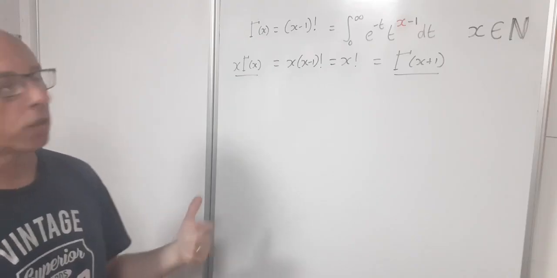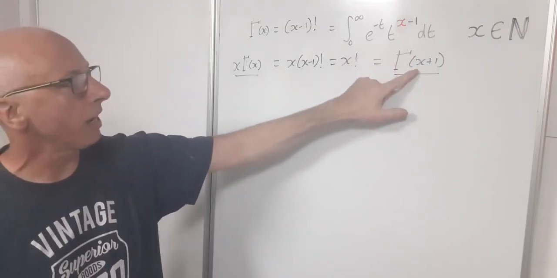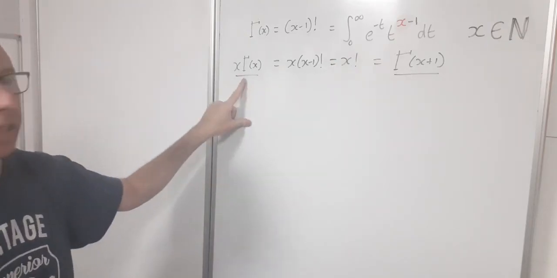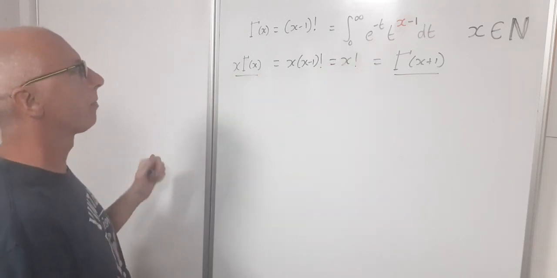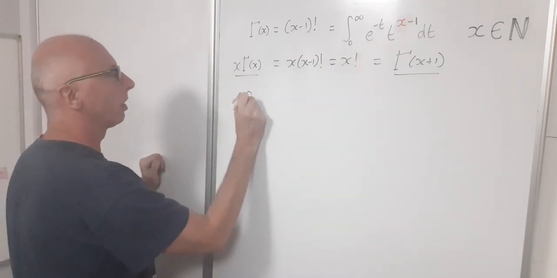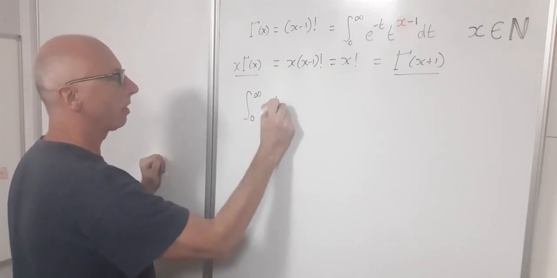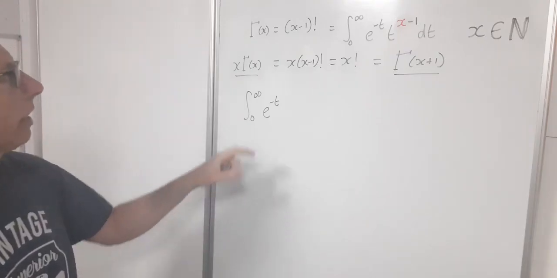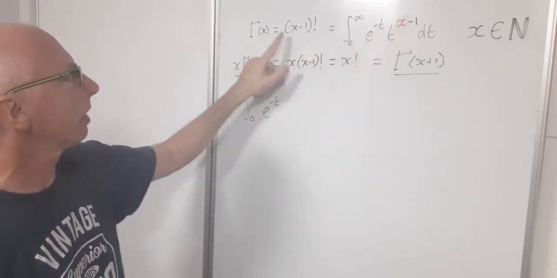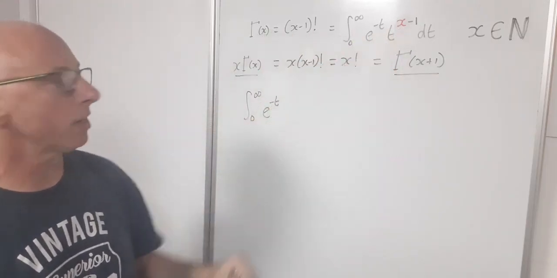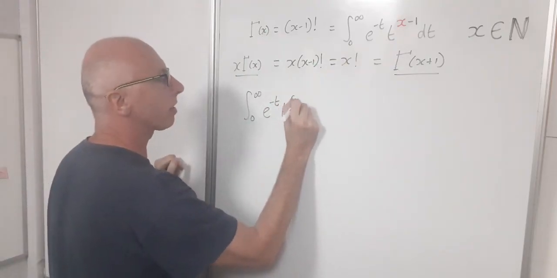Okay, so what I can do is, let's go through the integral representation of this and let's see if I can get this. So let's have a look at what happens to this. So I've got 0 to infinity, e to the minus t. Now the input for my gamma function should be whatever is in this red bit here. So that x and that x should be the same. So now I've got t to the x.